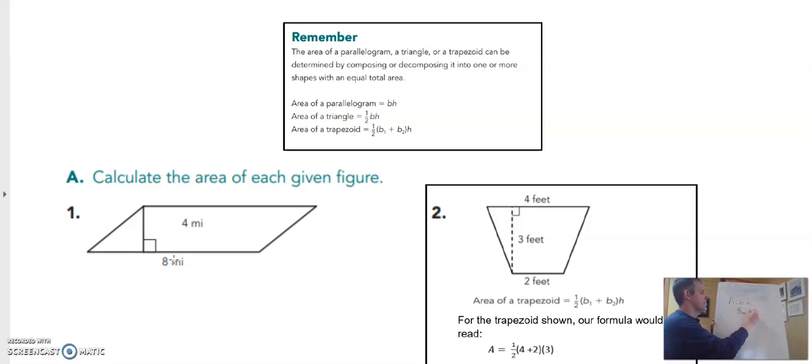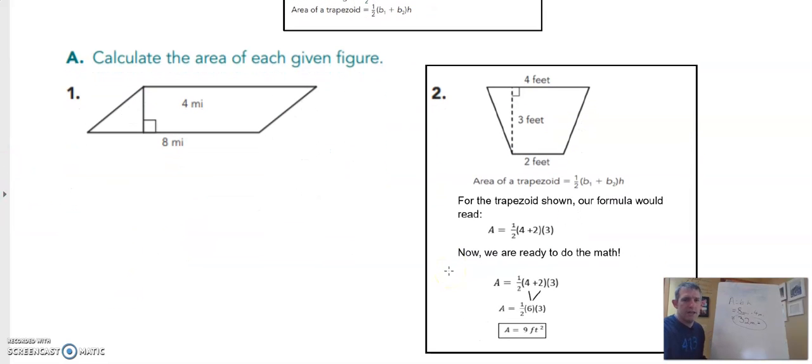And I'm going to multiply that by my height. And my height is from the bottom to the top, which is 4 miles. So 8 times 4 is 32. And since it's miles times miles, it'll be miles to the second, or square miles. And that would be my answer for number 1.